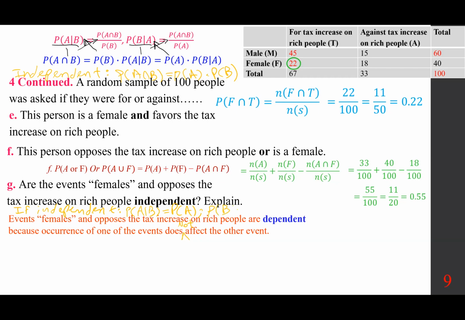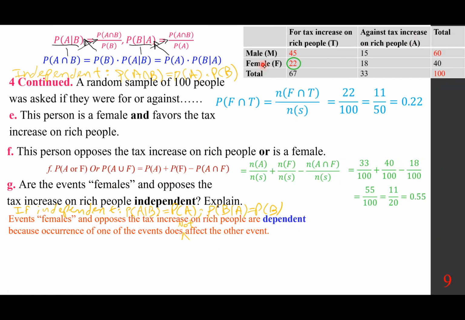And probability of B given A becomes probability of B. And instead of going over the definition, which is vague and doesn't really mean much, we can prove that by looking at probability of A given F, because we want to look at their independency. Females and opposes, A and F.